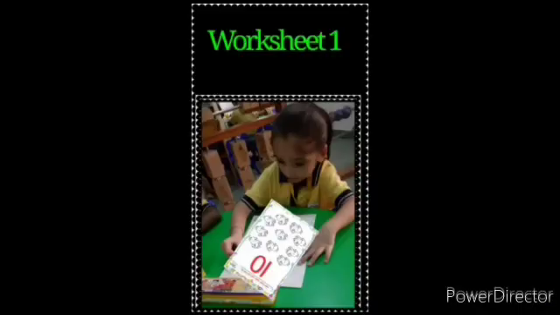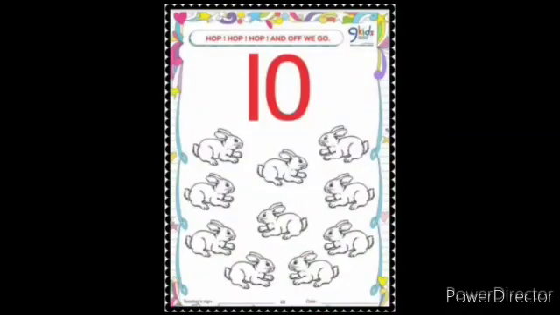Now it's time for practice worksheet. In this worksheet, you have to count the rabbits and color it nicely. You can do this practice worksheet in your maths class workbook, page number 48.